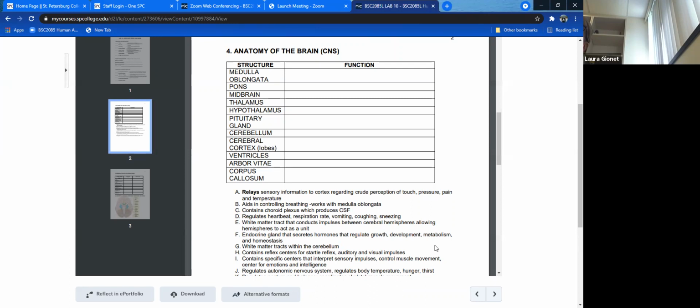G, white matter tracts within the cerebellum. That's the arbor vitae, tree of life, it's called in Latin. H, contains reflex centers for startle, reflex, auditory, and visual impulses. That is the midbrain. That's where we find the corpora quadrigemina.